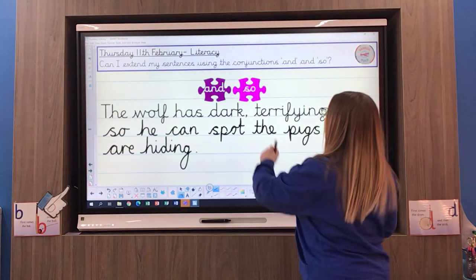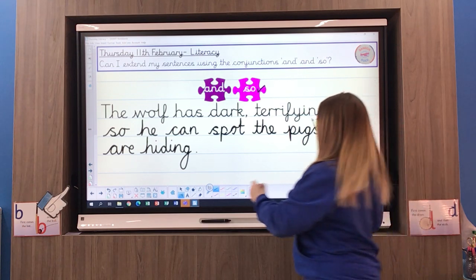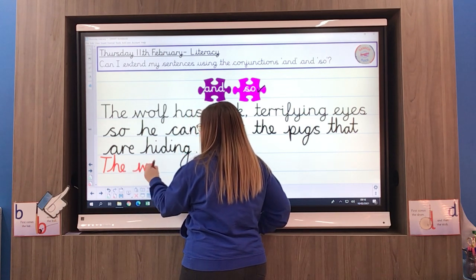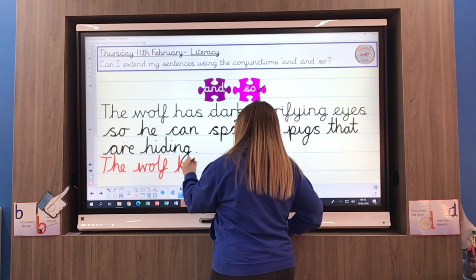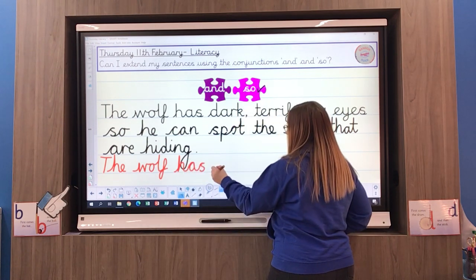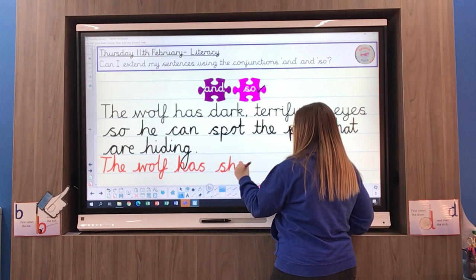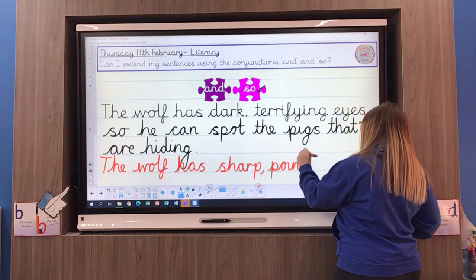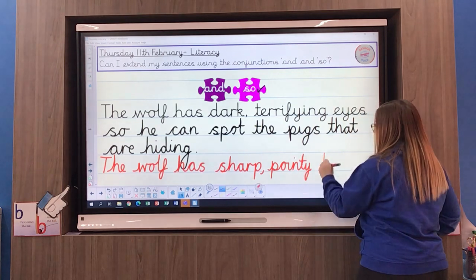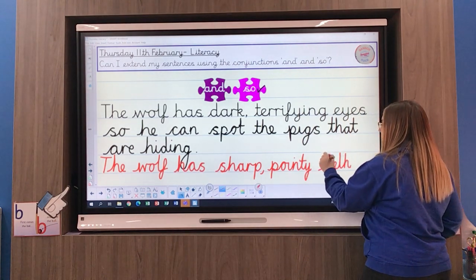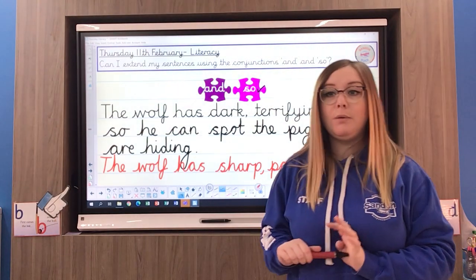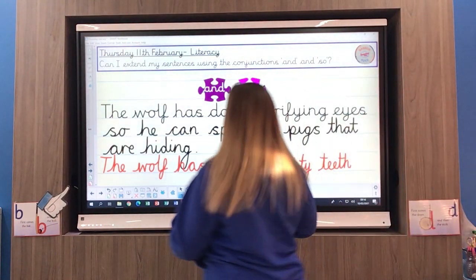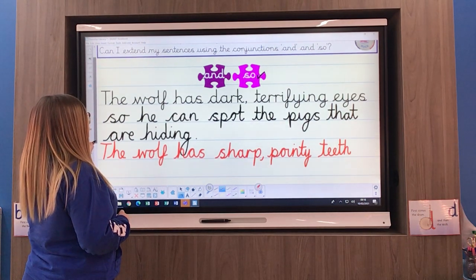Okay, so let's have a go now using the conjunction and. The wolf has sharp, pointy teeth. And what's that conjunction that we need to use here? So that's one of the sentences that I wrote yesterday. The wolf has sharp, pointy teeth. And well done, so we're using our conjunctions.